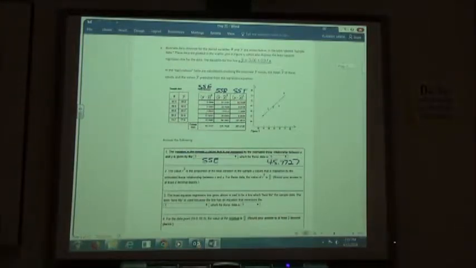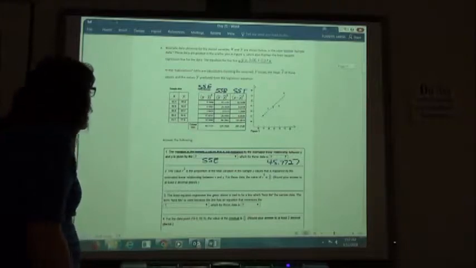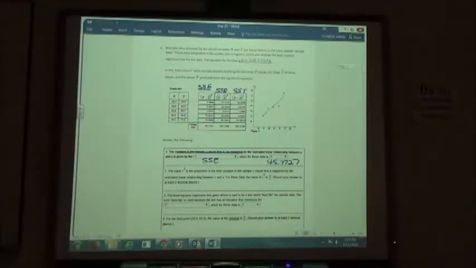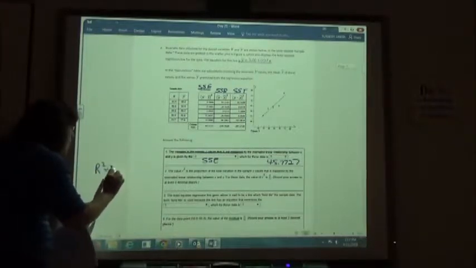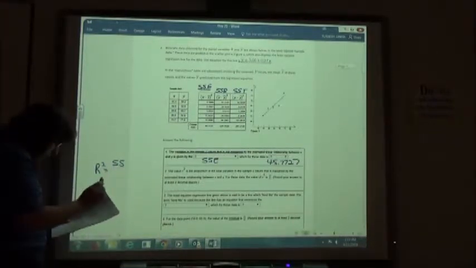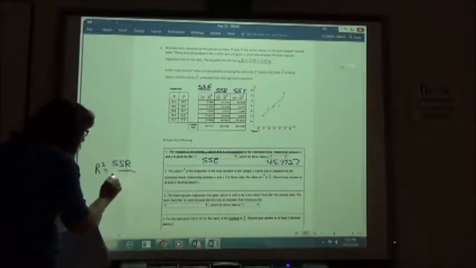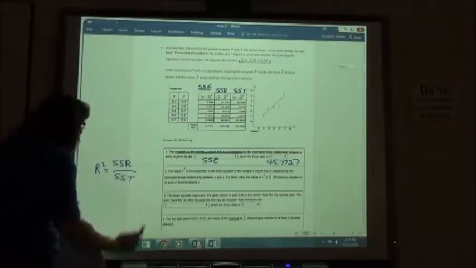The value of r squared is the proportion of the total variance in the sample y that is explained by the estimated linear relationship for x and y. For these data, what is the value of r squared? So that's the one we did last on the previous one. When we did r squared, we took the sum of the squares regression and divided it by the sum of the squares total.